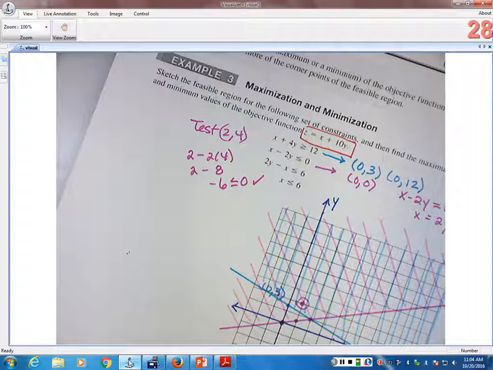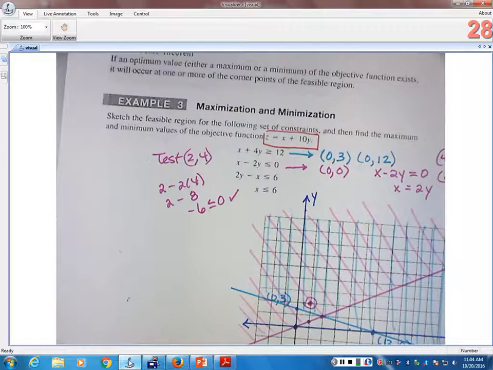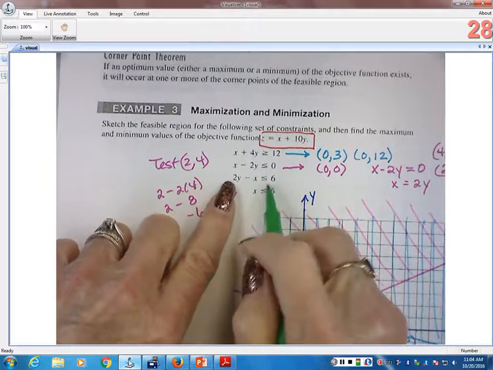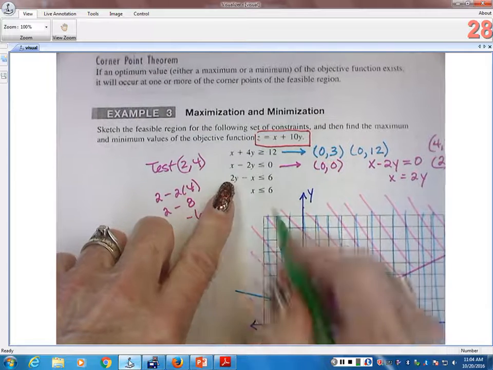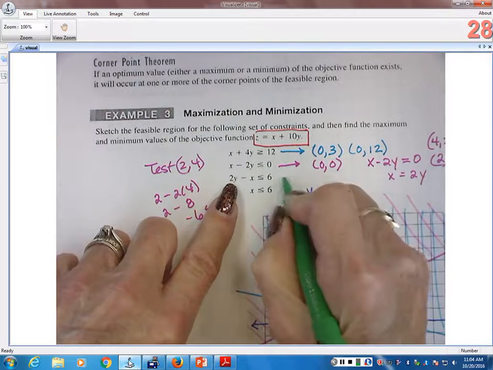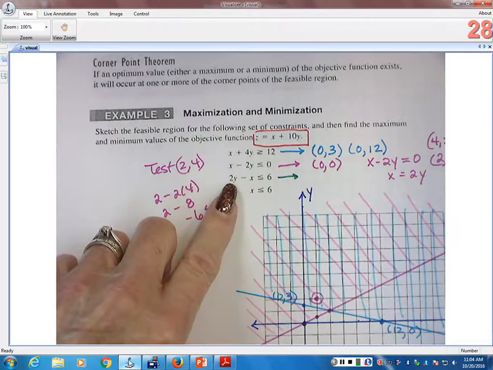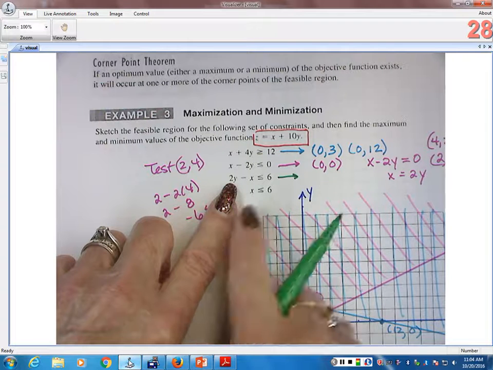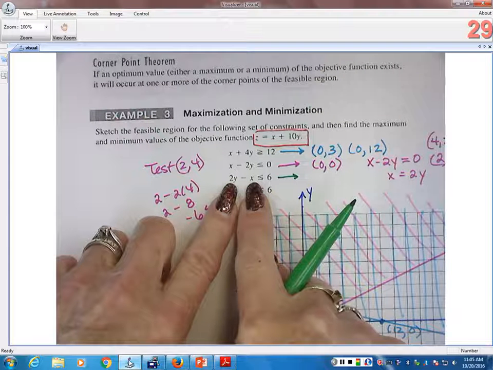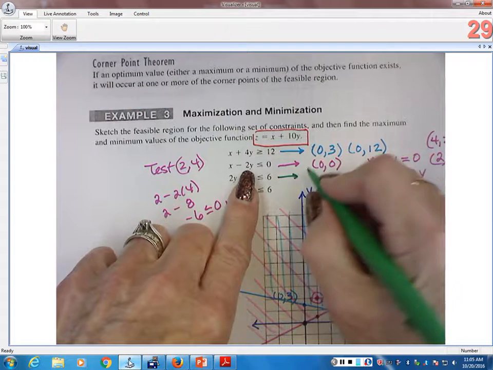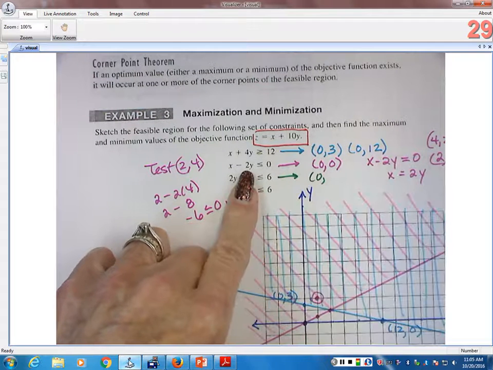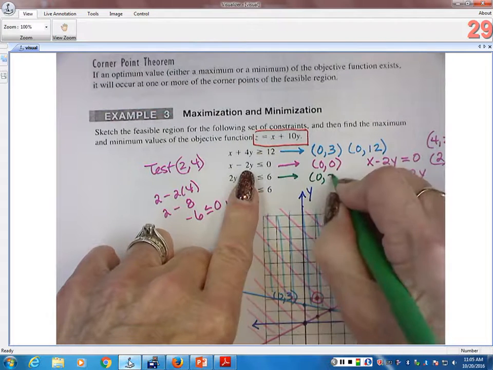And then my next constraint is 2y minus x is equal to or less than 6. So, being careful to notice they reversed x and y here. If I let x be 0, then 2y equals 6 tells me y would be 3.